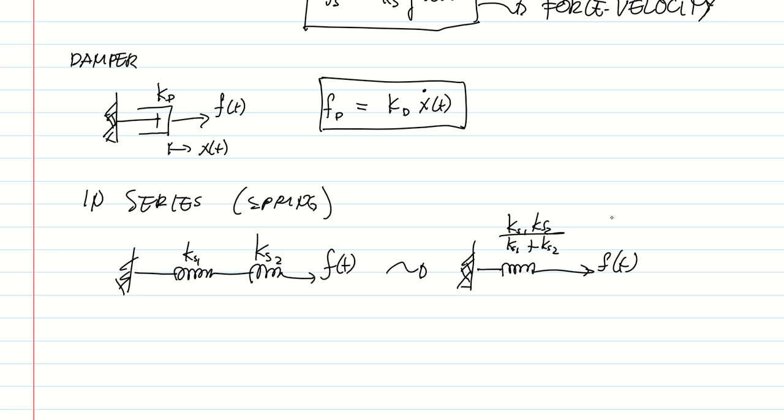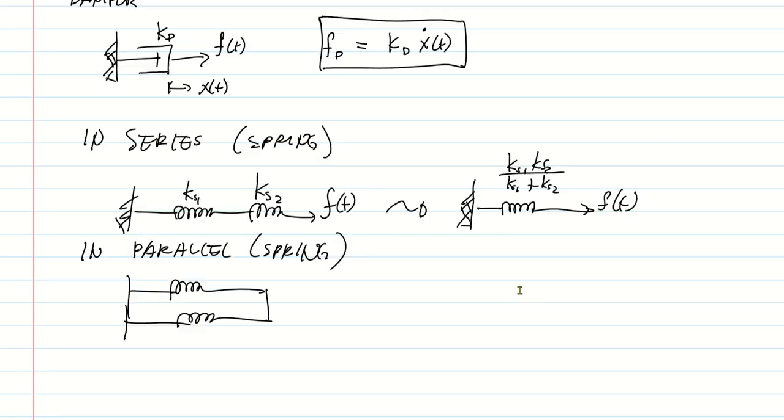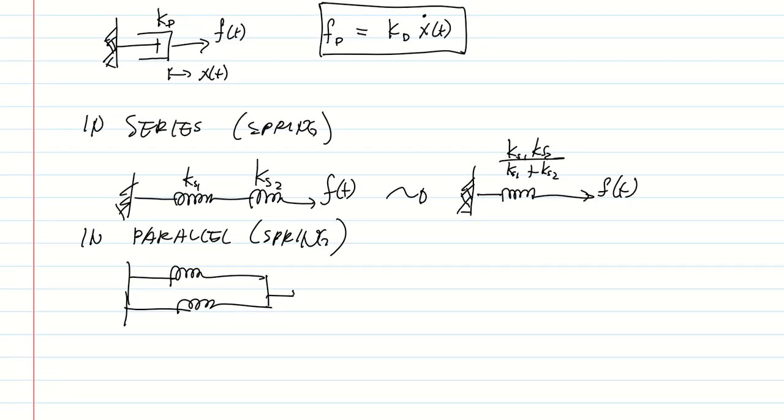So what if they are not in series but in parallel? For springs in parallel, we have two springs, or even more than two, and we have here f of t.